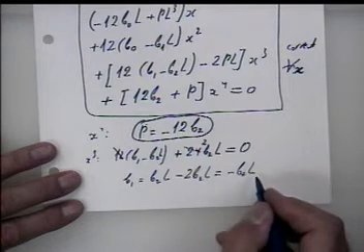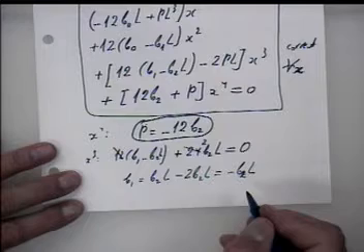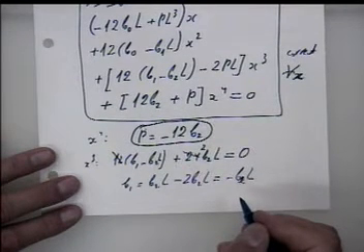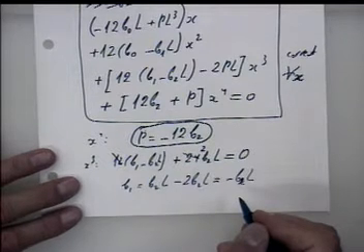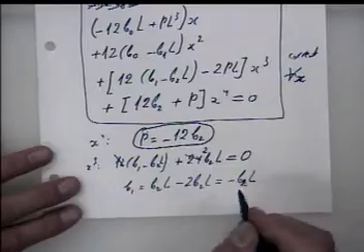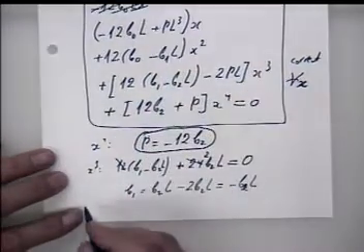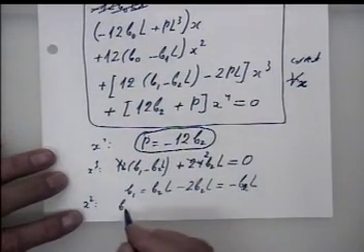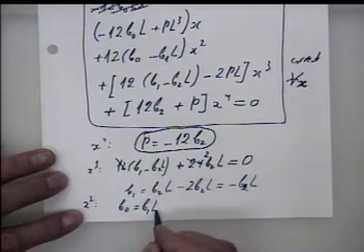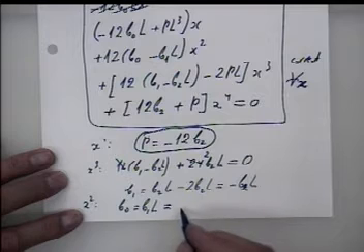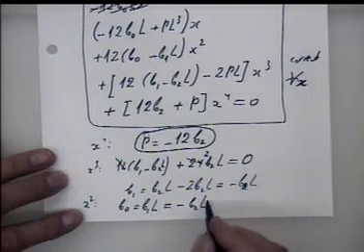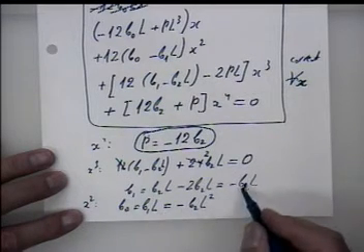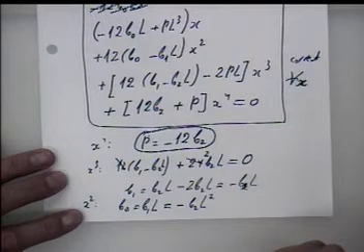B1 must be minus B2L. Now from here, x squared: B0 equals B1L. But B1L equals minus B2L squared, because B1 equals minus B2L.